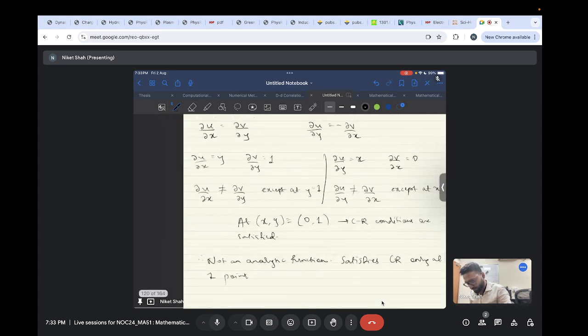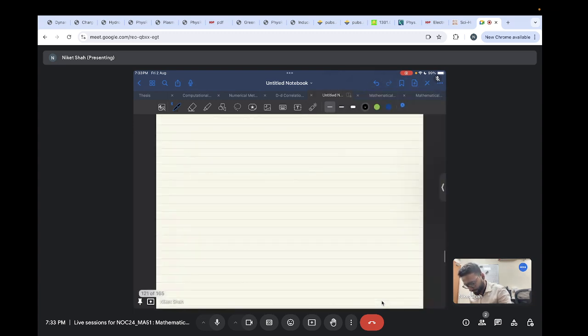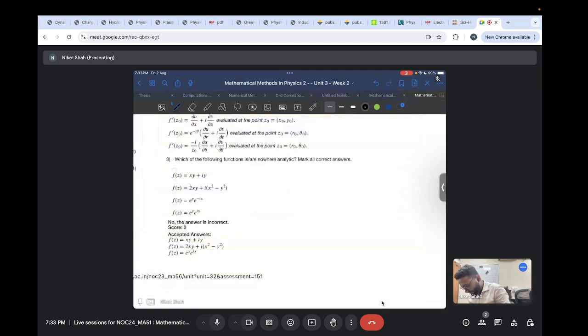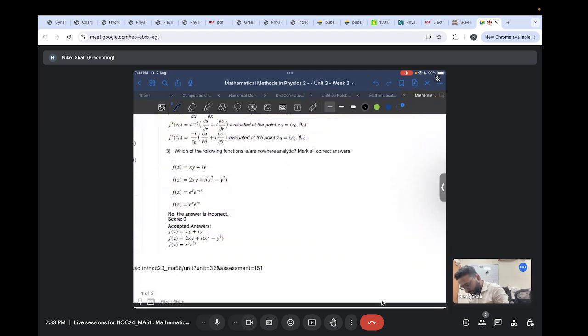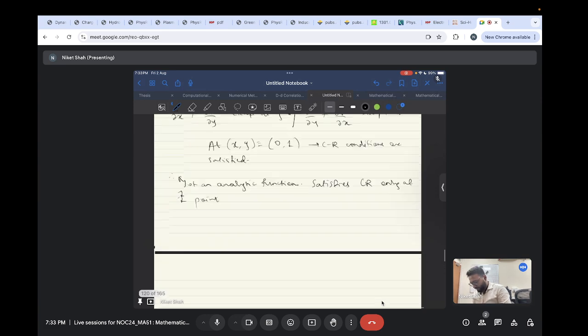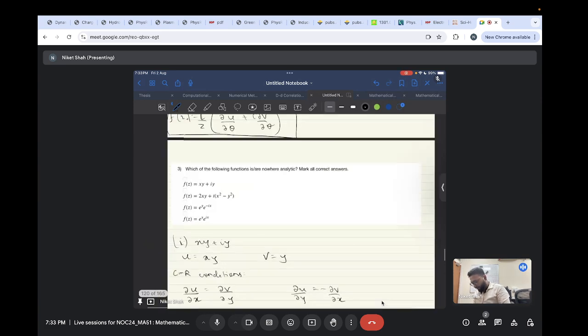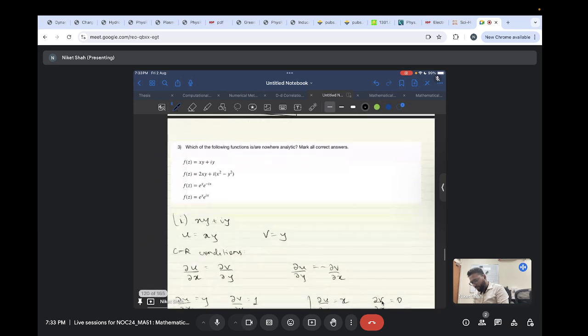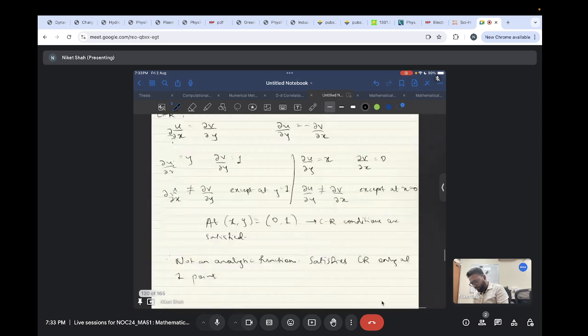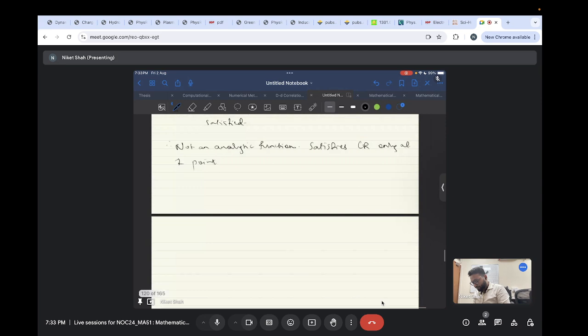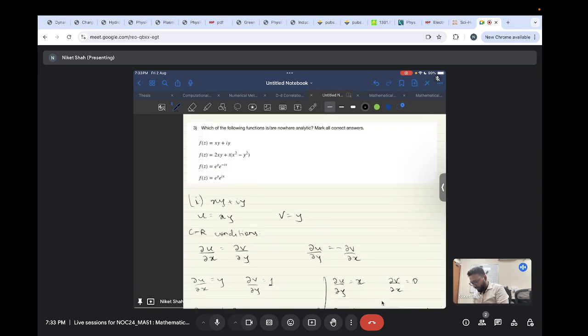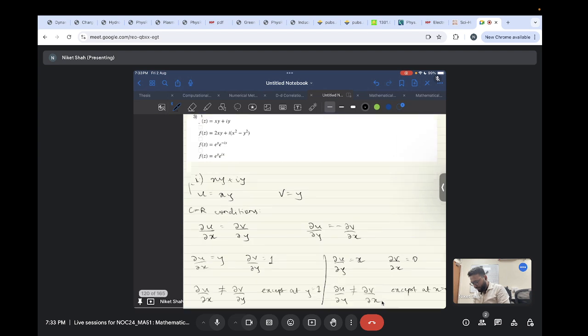Okay, let's move on to the next one. What about the other part? Maybe let's solve the third part now. e power y into e raised to 1 minus ix.